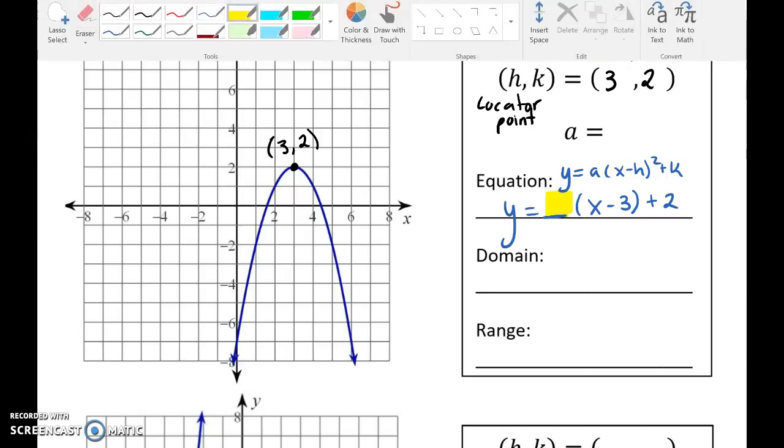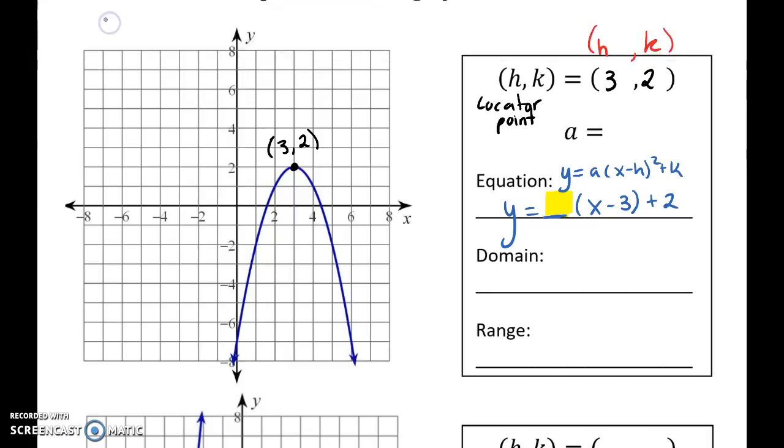A couple different ways you can do this. Some people got really comfortable with their parent functions and were able to dial in the slope by looking at the function. So if we let this be our starting point to find the next value, we go over 1 and down 1, or over 2 and down 4. 1 squared is 1, 2 squared is 4, and since we're going down instead of up, it's opening downwards, we know it would be negative.